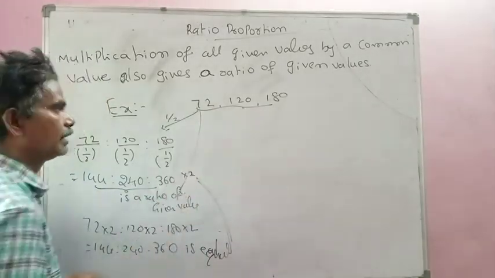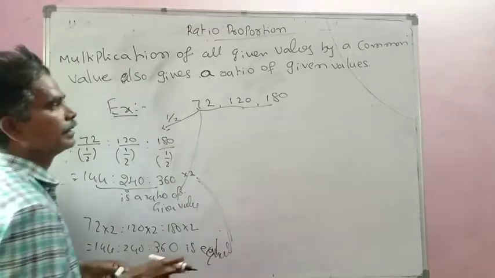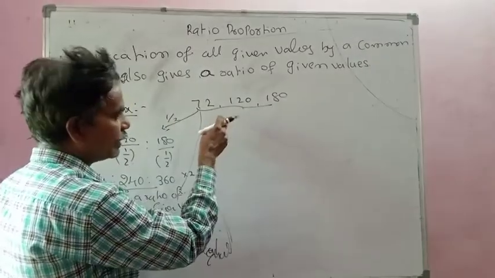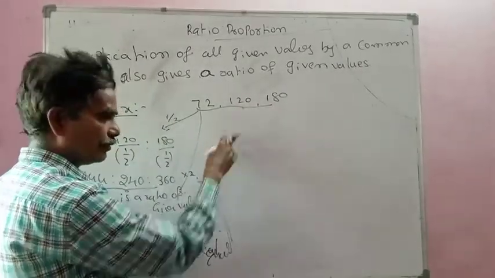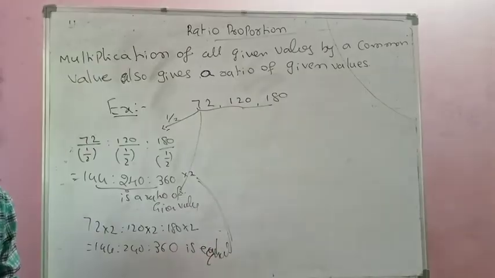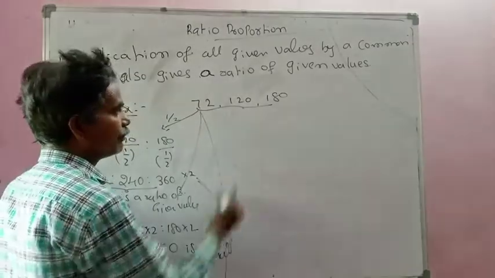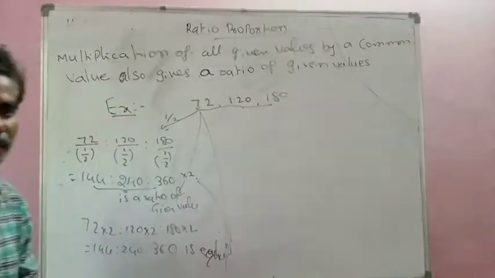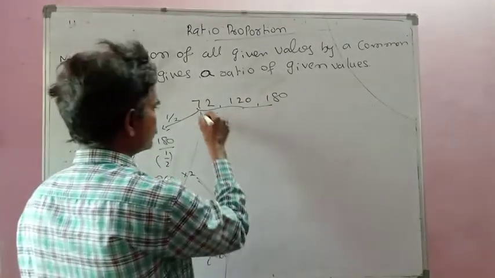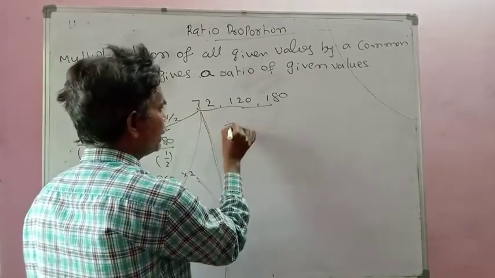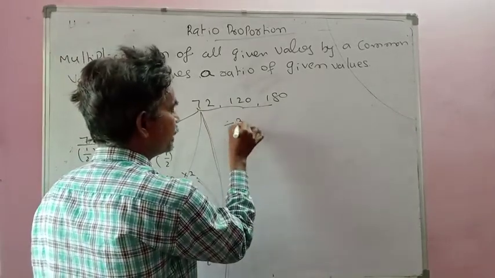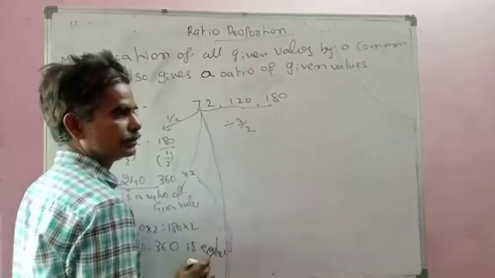So we can conclude that even by multiplying the given values by a value not equal to 0, we can get a ratio. Let us find out another ratio of these values only. For that, let us divide these values by 3/2.